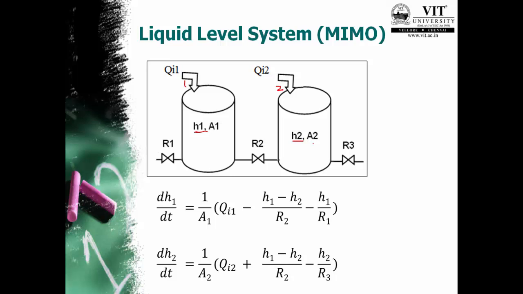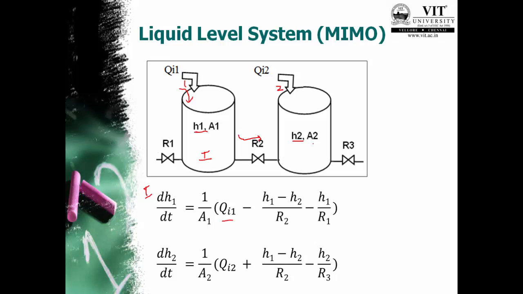So when I write the first equation, this is representing the tank 1. So this ODE equation is for tank 1, which defines dH1 by dt is equal to 1 by A1 multiplied by Qin, the input coming in to this tank, minus whatever is leaving here.